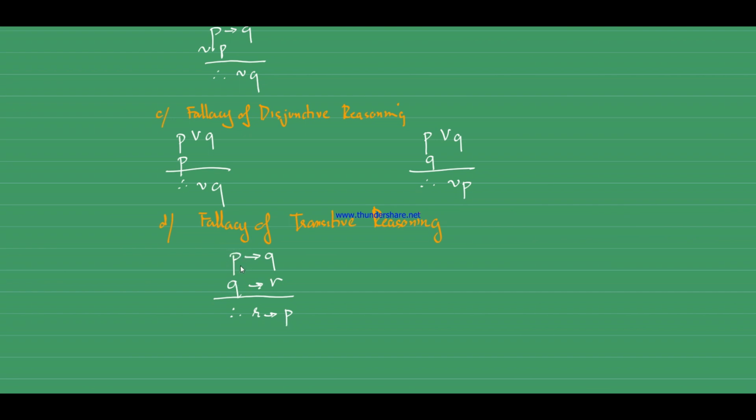Or sometimes, instead of P imply R, you have negative P imply negative R. So if you see it in this form, or this, or this, then you know that it is the fallacy of transitive reasoning.